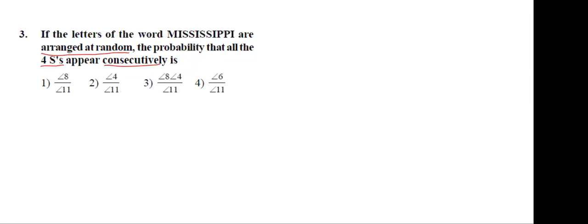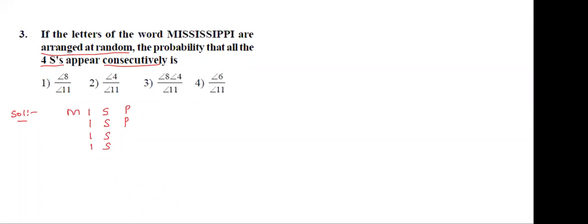First, in the given word, we want to identify how many repeated letters there are. So I am going to write like this: M, I, S, S, I, S, S, I, P, P, I. Here there are 4 I's, 4 S's, 2 P's. These are repeated.